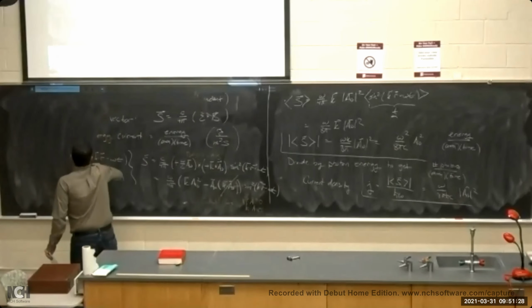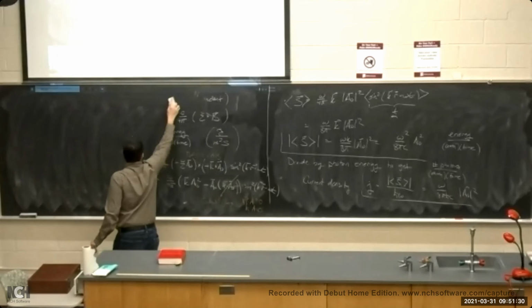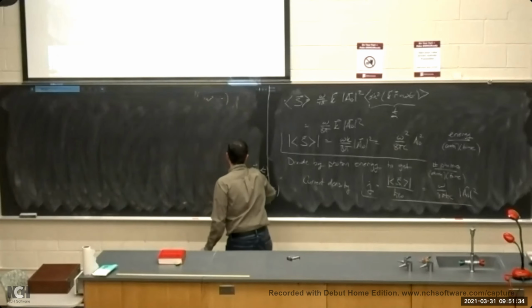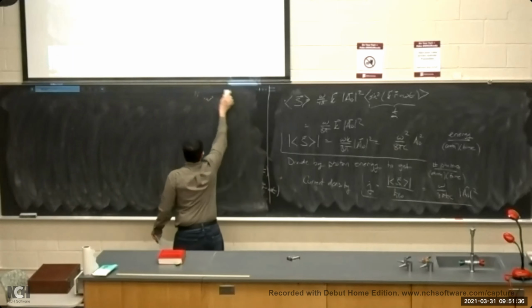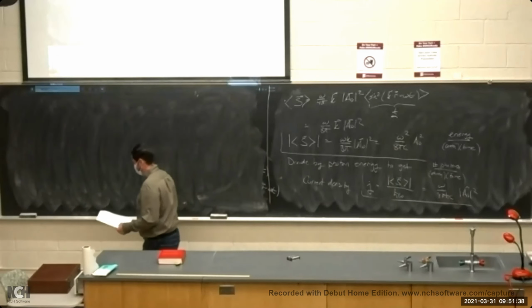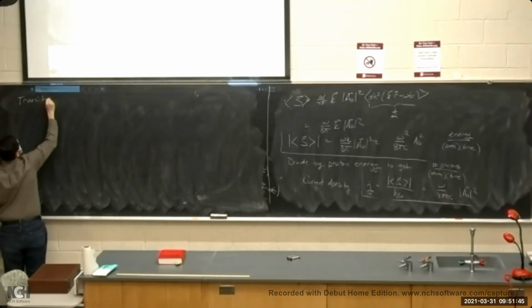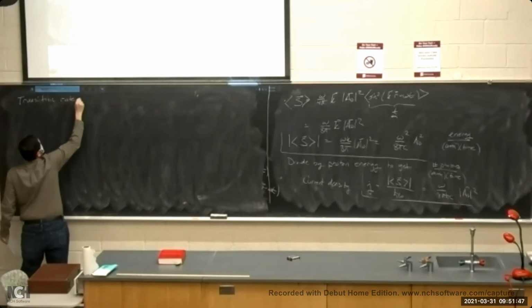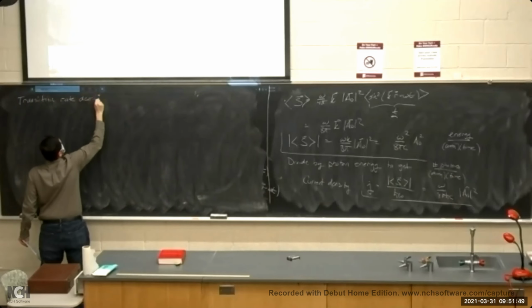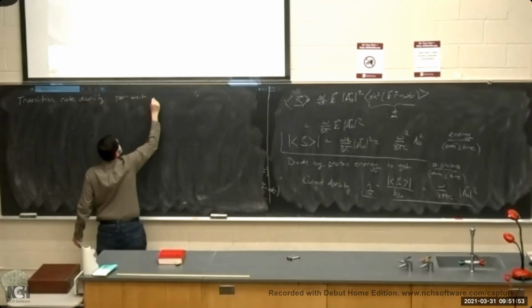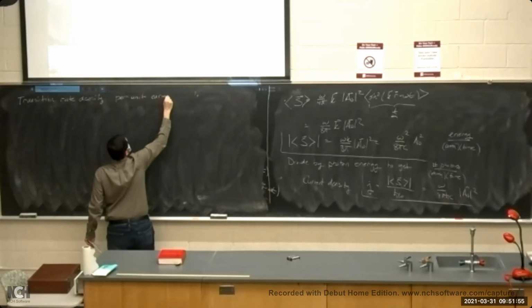So now let's go back to the answer that we derived for the transition rate density and normalize it per unit photon current, per unit current density.